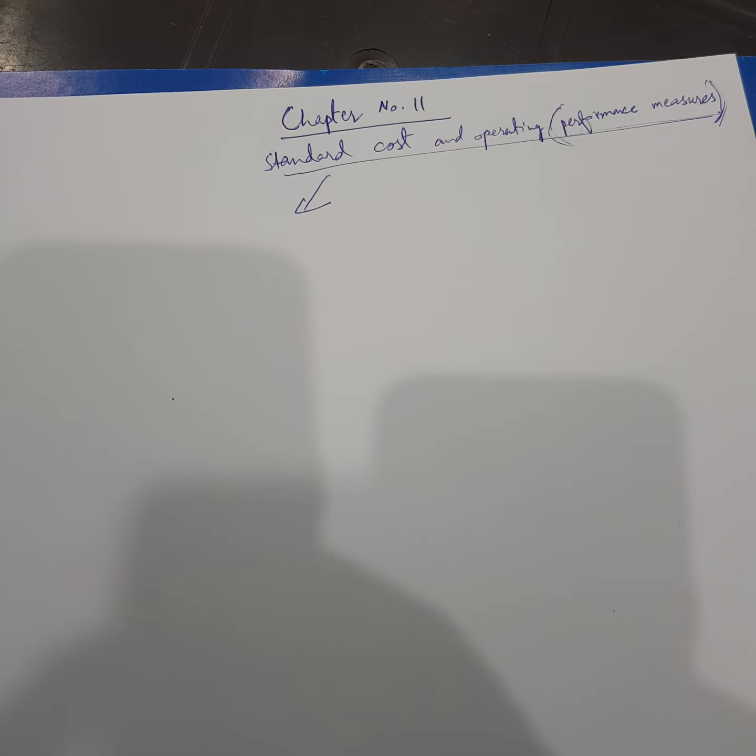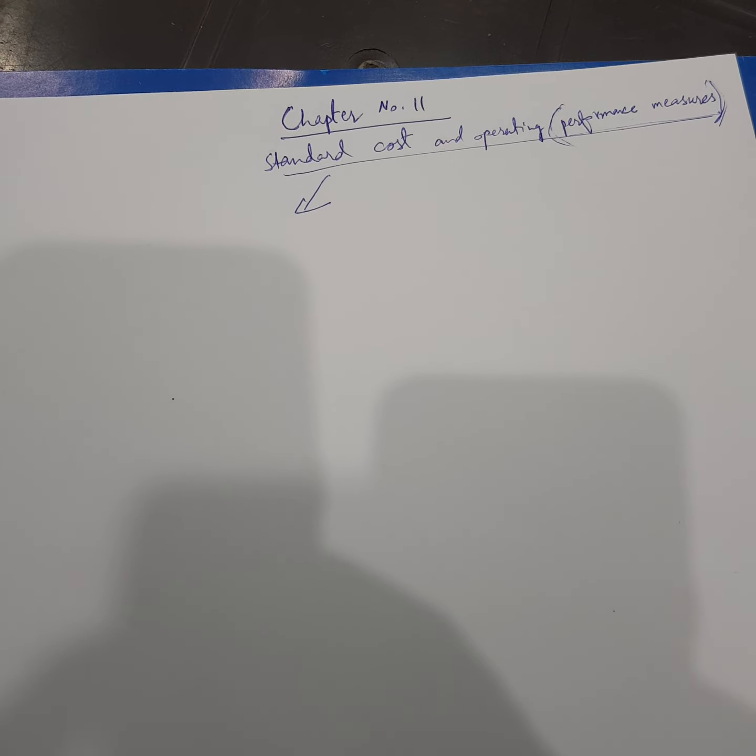Like the company wanted to produce its product in 10 rupees, so it is their standard cost to produce the product. They cannot move beyond this cost, but yes, if they are able to produce their product for less than 10 rupees, then it will show their efficiency.